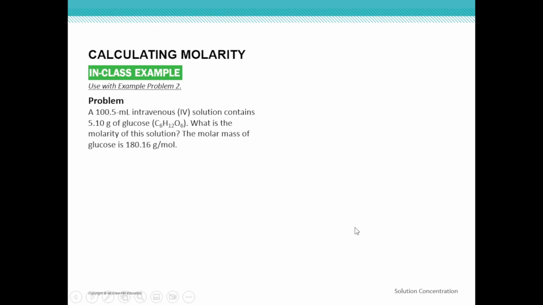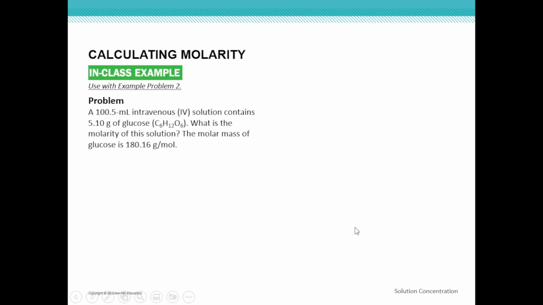For this one, I want to get rid of grams, so I'm going to be using that second one. So 180.16 grams in the denominator, 1 mole in the numerator, grams of glucose cross off, and that will give me moles, which is a value that I can plug into the equation.